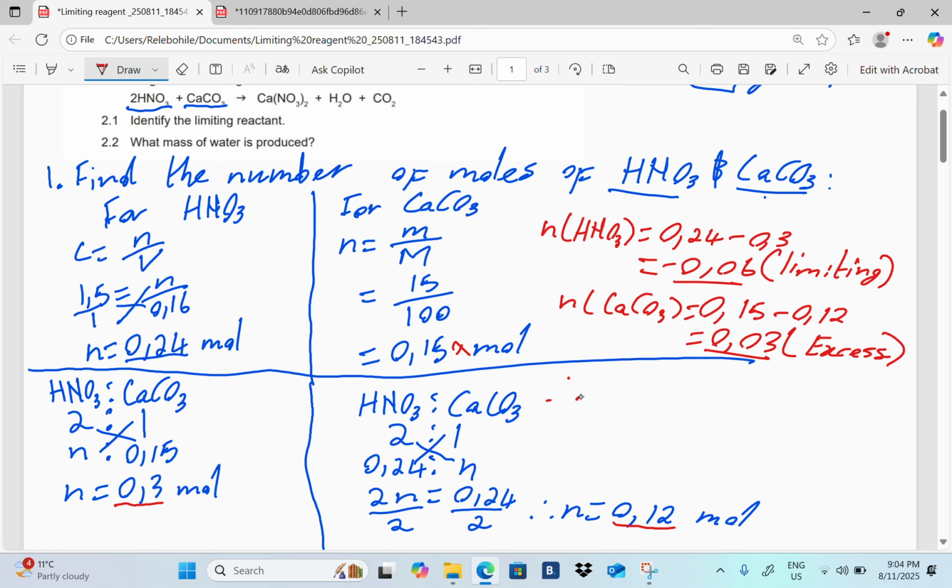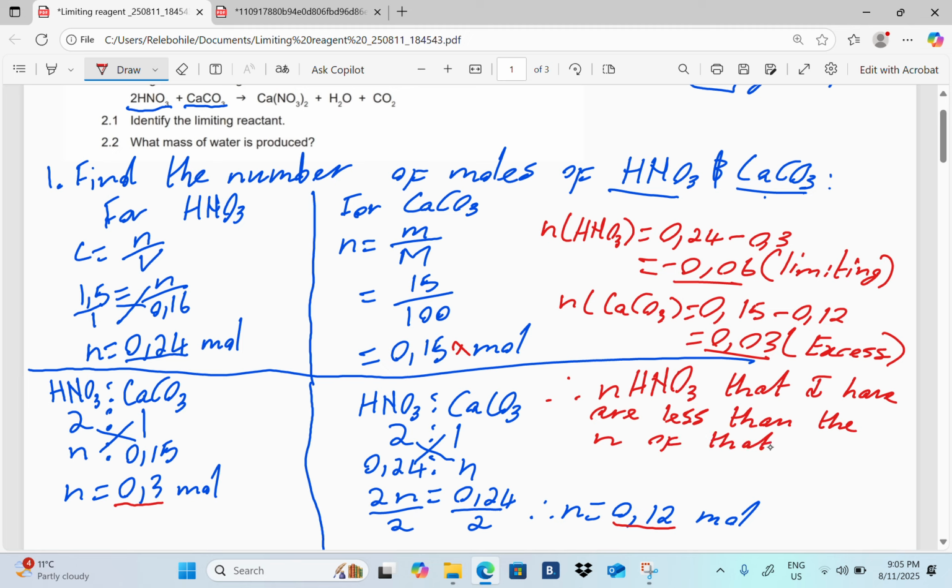So I can conclude that therefore the number of moles of nitric acid that I have are less than the number of moles that I need.